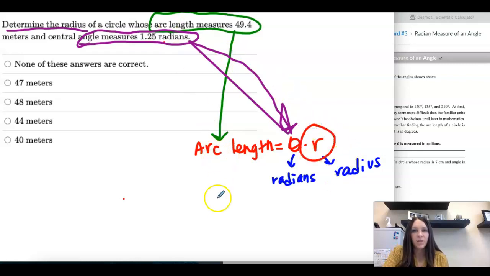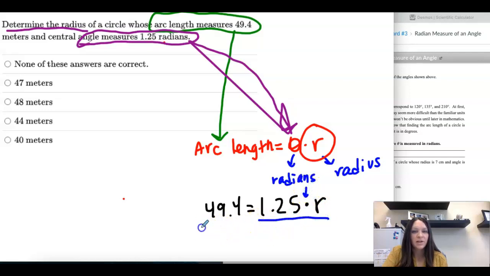So we're going to set up an equation. 49.4 equals 1.25 times r. We're solving for r. So now it's just an equation. The opposite of multiply is divide.